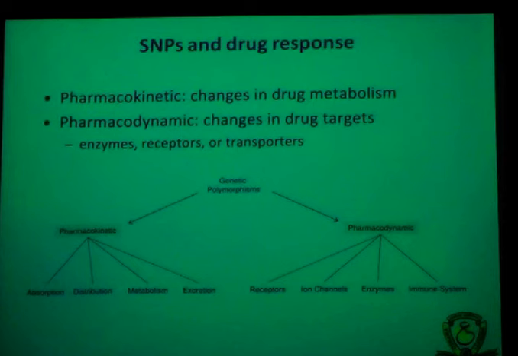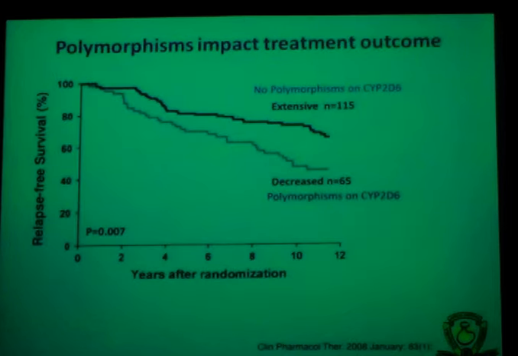These are the two aspects. So pharmacokinetics deals with absorption, distribution, metabolism and excretion of a drug, and pharmacodynamics deals with the targets which could be some receptors, ion channels, enzymes, or the immune system, which can also play an important role in the efficacy of the drug.